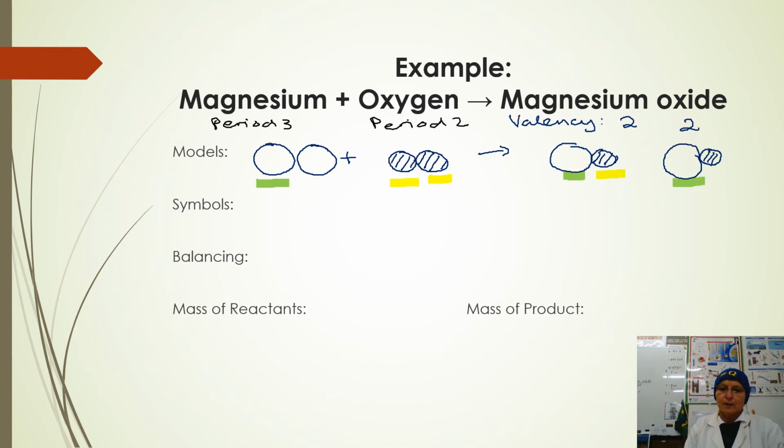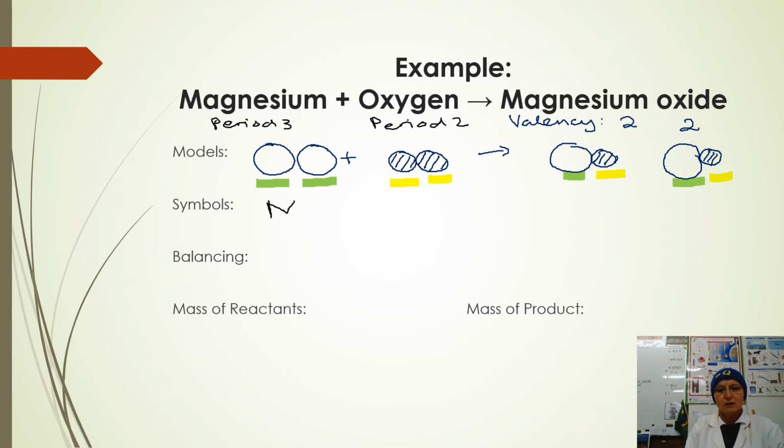Right, so it looks like I have balanced my reaction now because I've got two magnesium atoms on each side, and we've got two oxygen atoms on each side of the arrow. It means that the reaction is balanced. So next, we're going to use symbols.